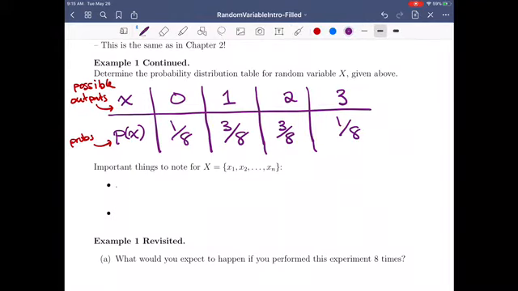Some important notes. If capital X has possible outputs x1, x2 to xn, then each of these p of xi, for any i, are probabilities, so they have to be between 0 and 1.